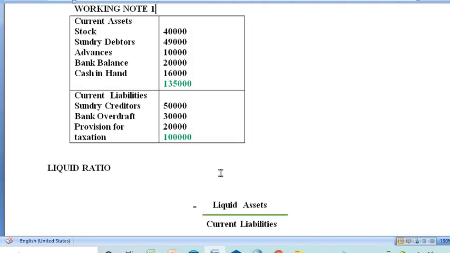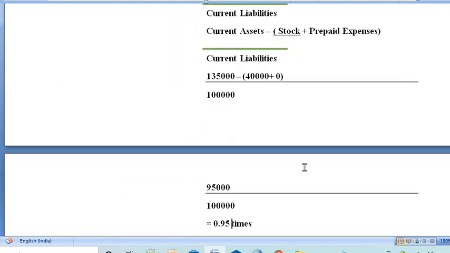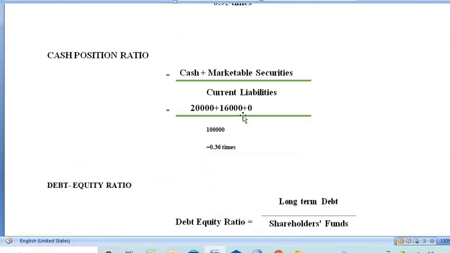See the balance sheet: here we have bank balance and cash in hand only. Those are the two data I am substituting here. There are no marketable securities, so that is 0, divided by current liability. Already I computed 1 lakh rupees. So 36,000 divided by 1 lakh, I am getting 0.36 times.